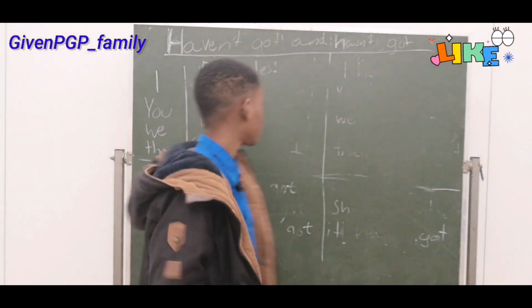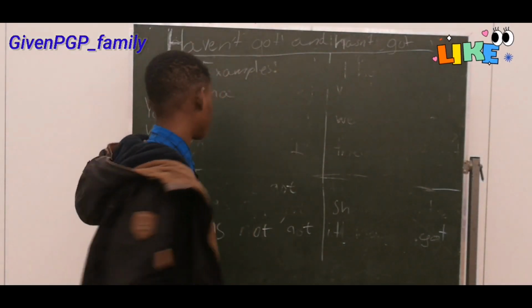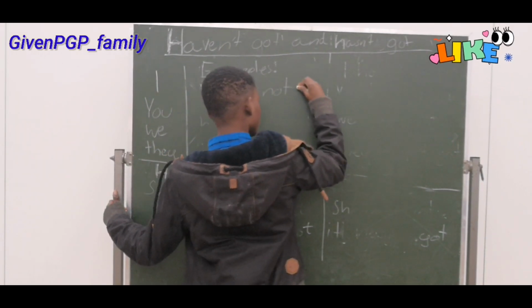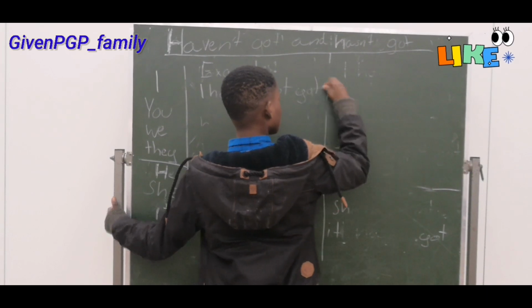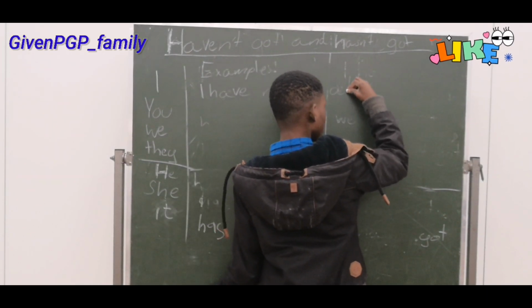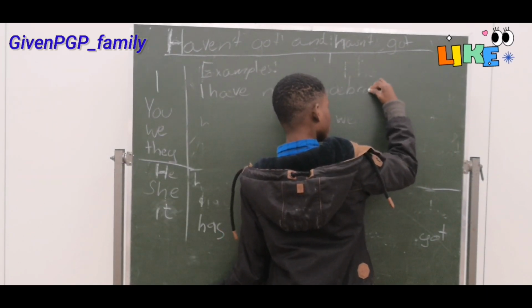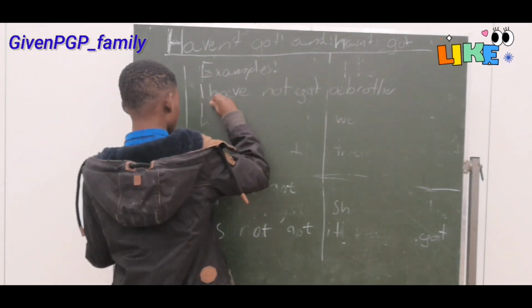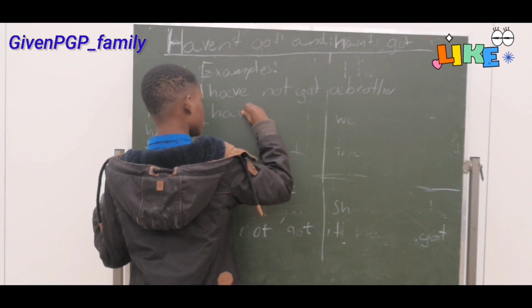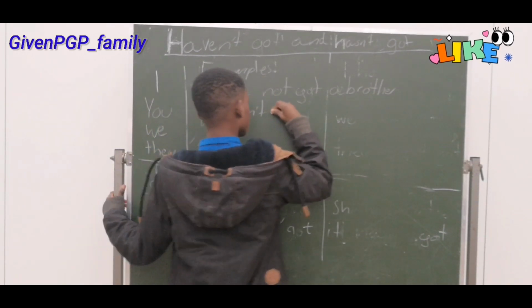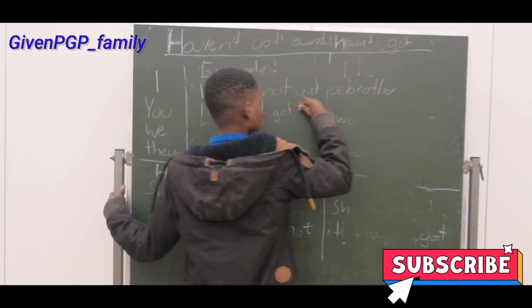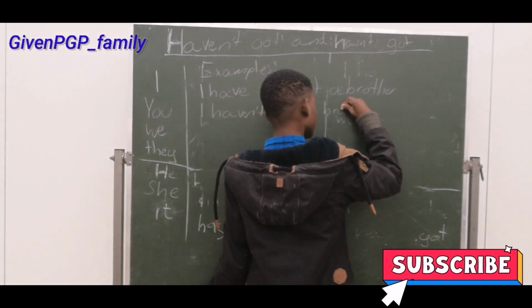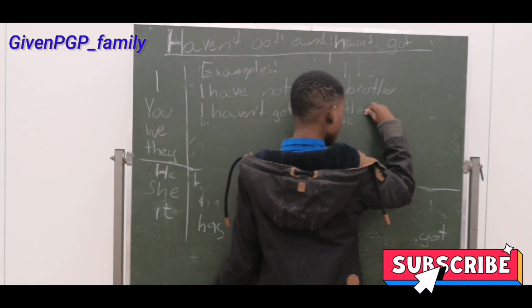The long form would be I have not got a brother. So I have not got a brother. That's the short form. I haven't got a brother.